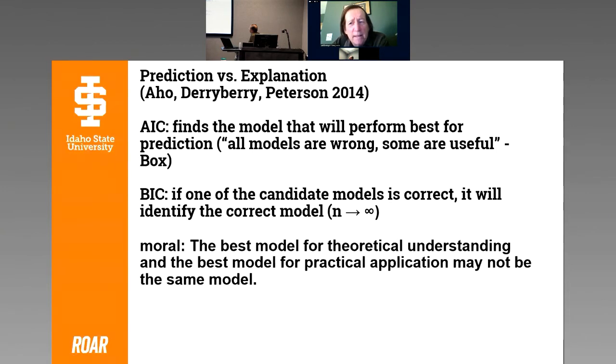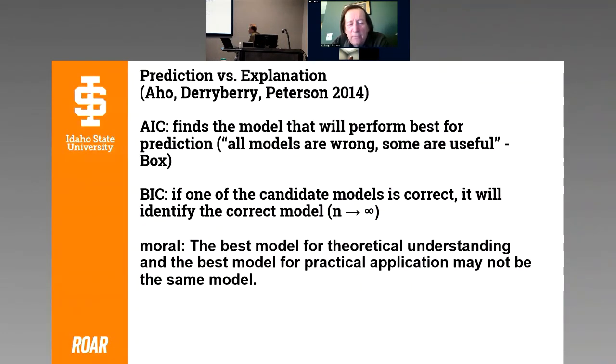And that's why I said it was important that I state what my objective was at the very beginning. Using data splitting, AIC and leave one out cross-validation are great when you're trying to come up with the best predictions. However, if you believe one of your models is correct, then BIC will, as sample size goes to infinity, identify the correct model.